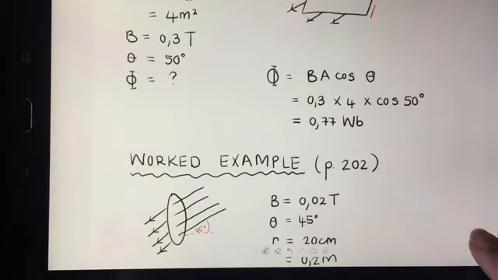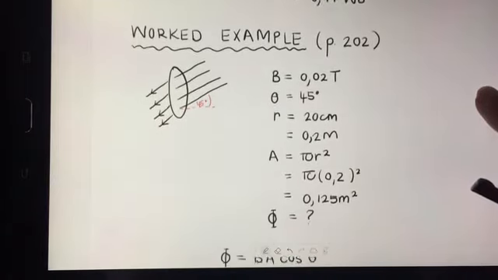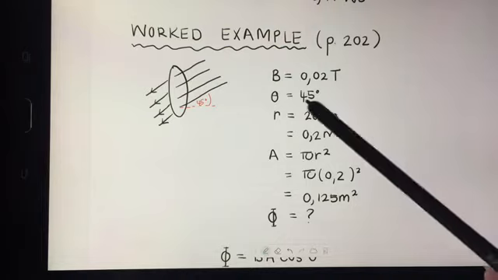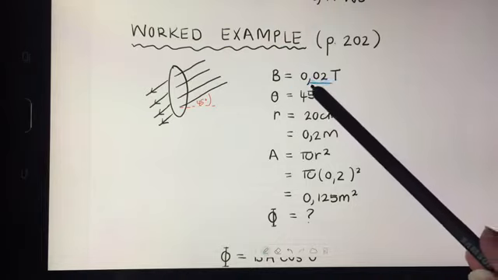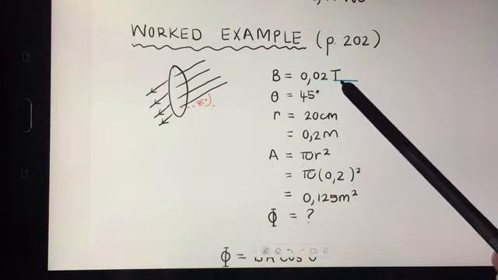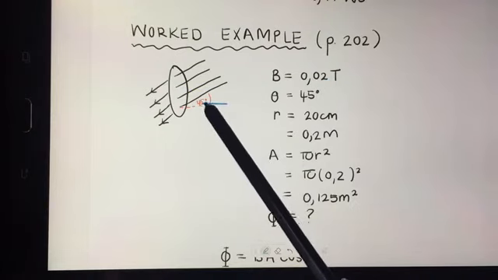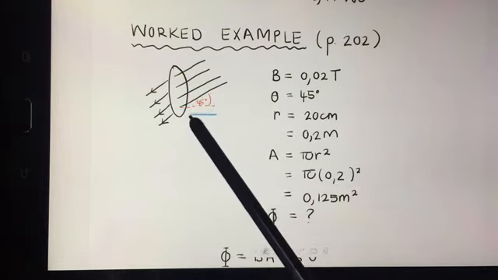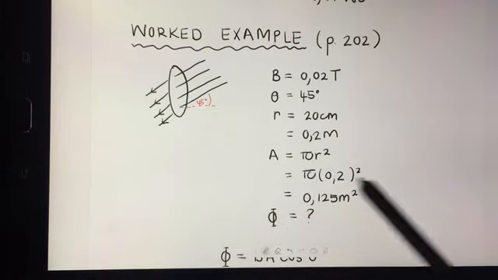Then the last example that I would like to look at is the worked example that you've got in your textbook on page 202. So now the strength of the magnetic field is given as 0,02 Tesla. The angle between the magnetic field lines and the normal, which is perpendicular to the surface area, is 45 degrees.